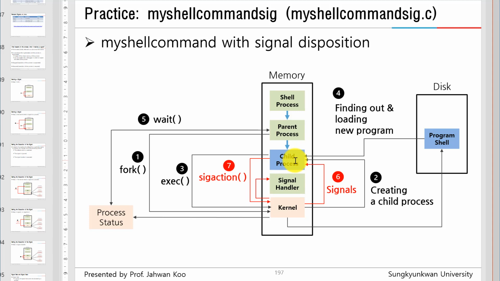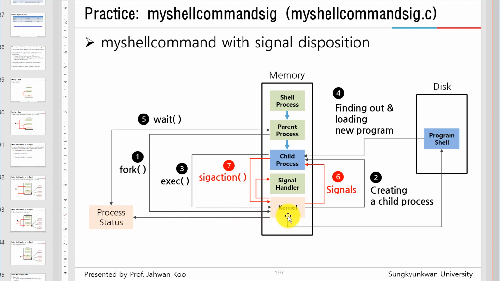Step 5. As usual, the parent process uses the wait system call to obtain the status of the child process from the process status buffer. This is possible because the kernel stores the status of the process in the process status buffer.